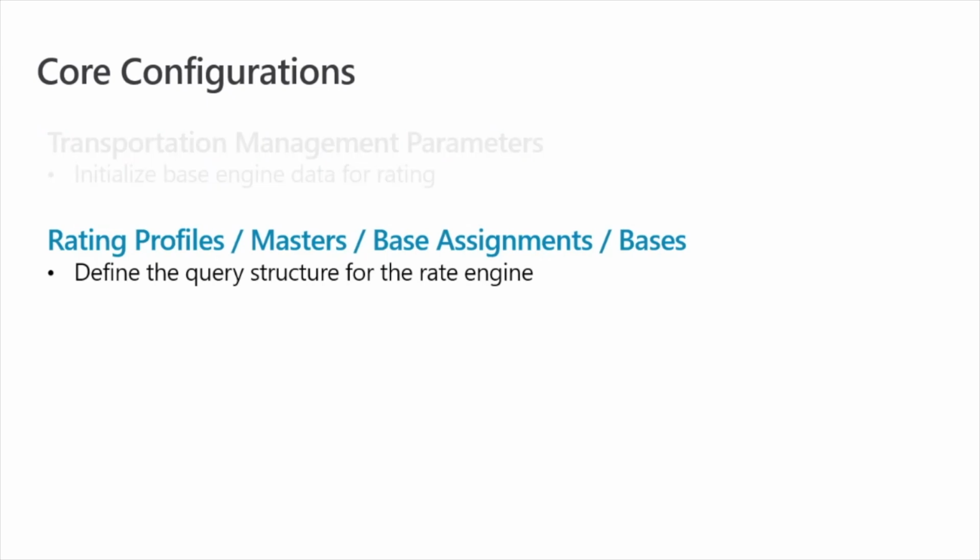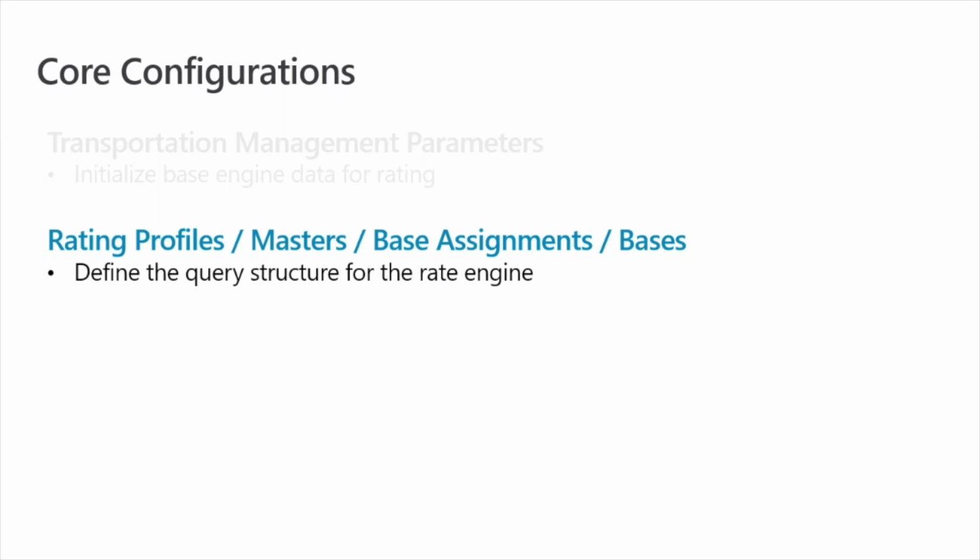And then when we start looking at the configurations for rating, all of these things together: our rating profiles, our rate masters, our rate base assignments, our rate bases, and really that contains our break masters as well. All of those things together define what I'm calling the query structure for our rating engines.